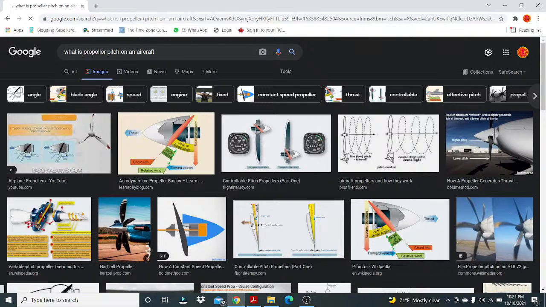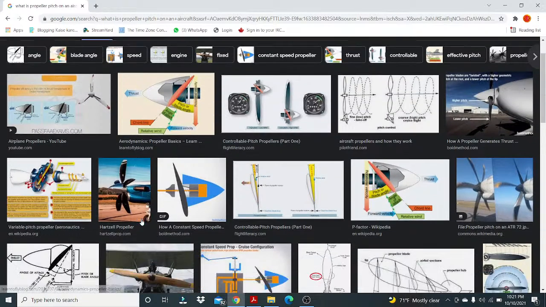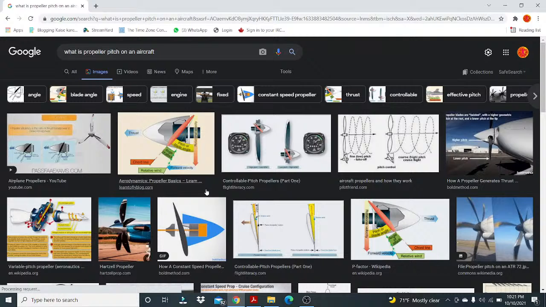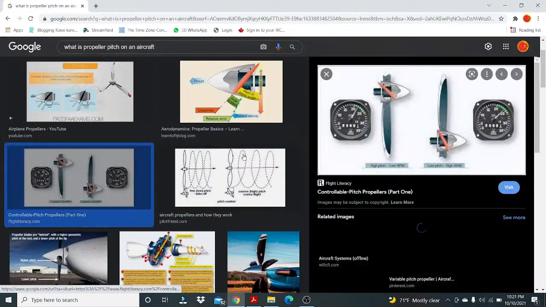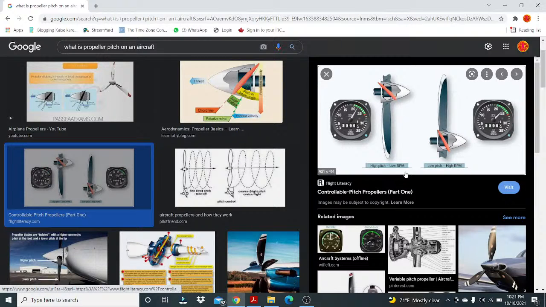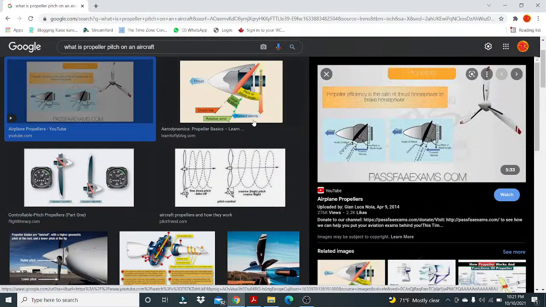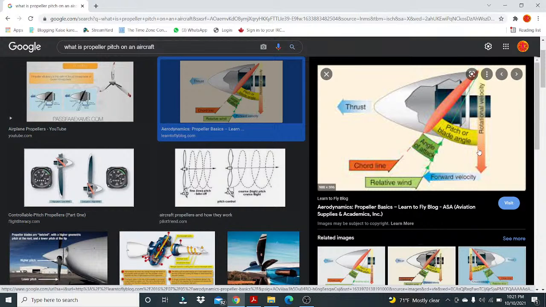Let's see the images. This is high pitch. This is low pitch. Okay, so this is a pitch angle, the blade angle.